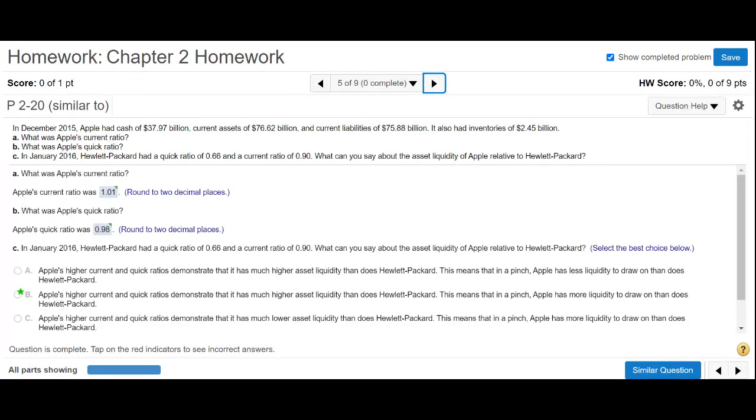Current assets divided by current liabilities. So 76.62 divided by 75.88 equals 1.01. Round to 2 decimal places. How do we calculate quick ratio? You should have that also. Current assets minus current liabilities divided by what?